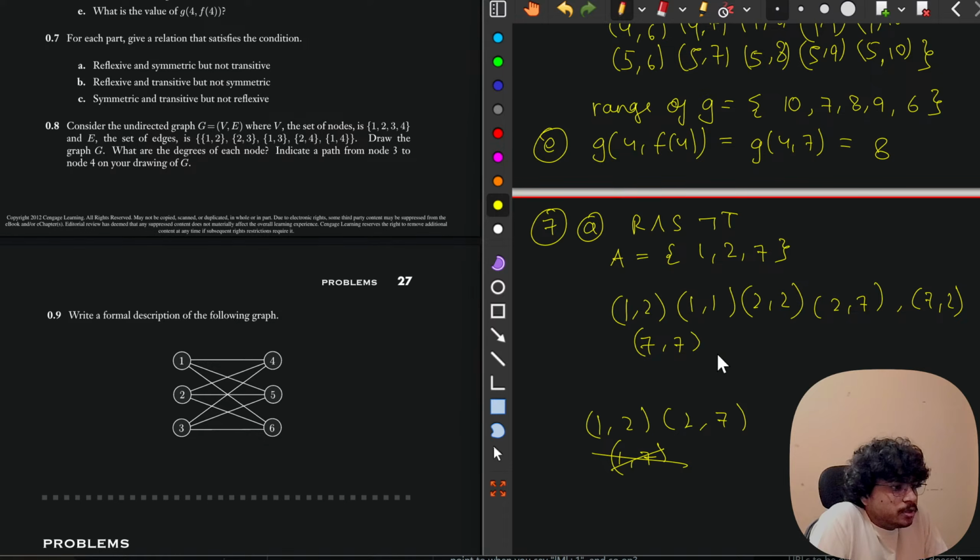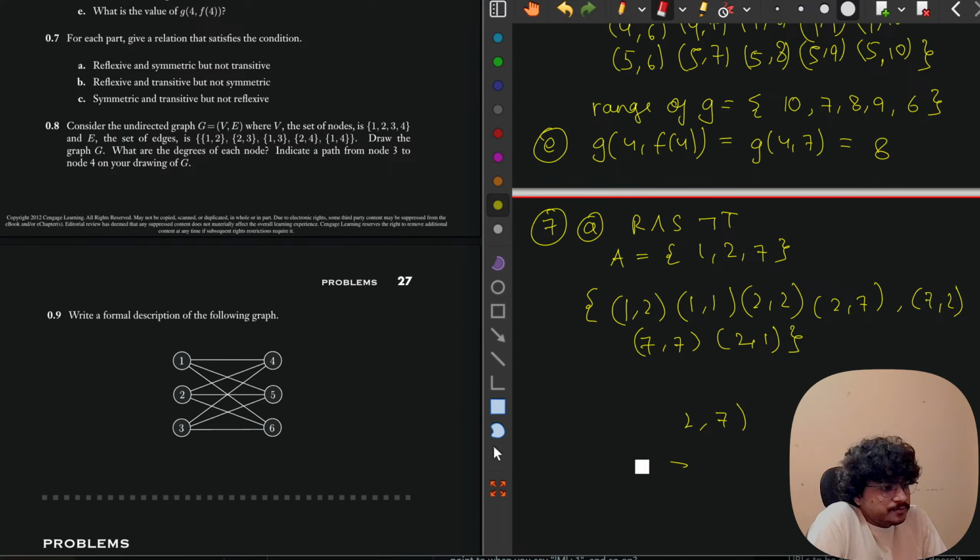If there is 1 comma 2, there should be 2 comma 1 present. 2 comma 7, 7 comma 2. So this relation is reflexive and symmetric but not transitive. Read it yourself. And I can actually replace 7 with 3, and this is fine, according to my 1, 2, 3 example.